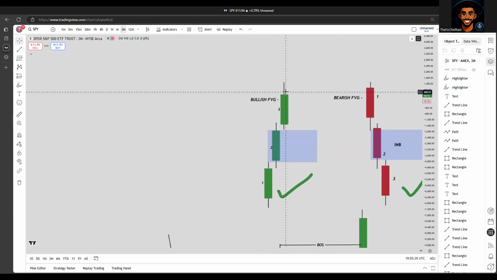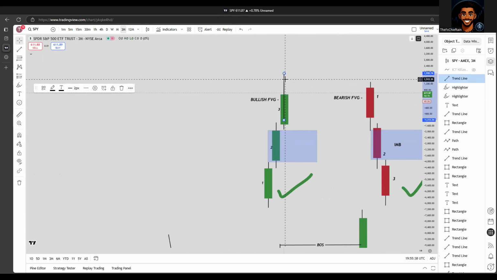How we see an invalid one is, let me just do something quickly.